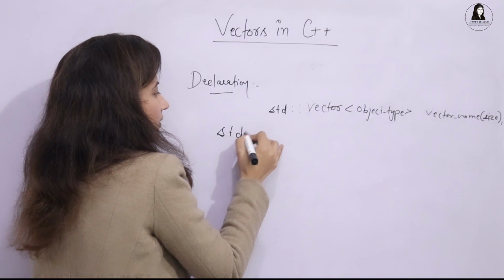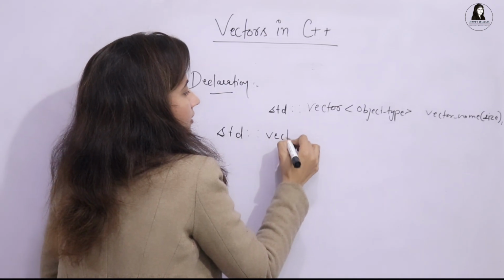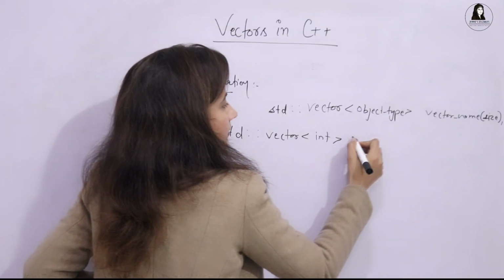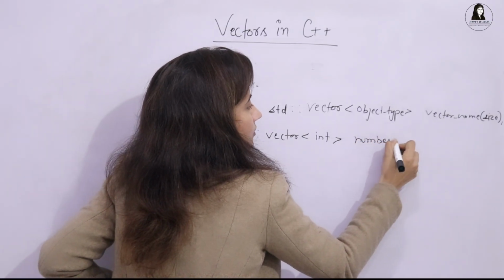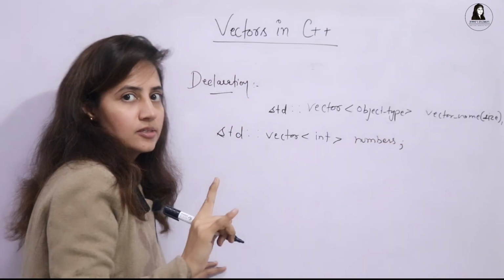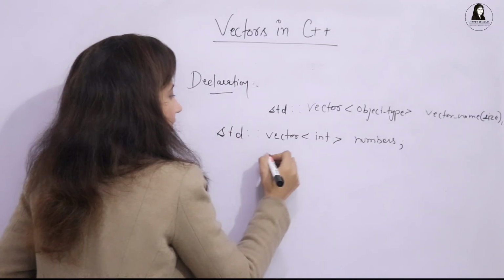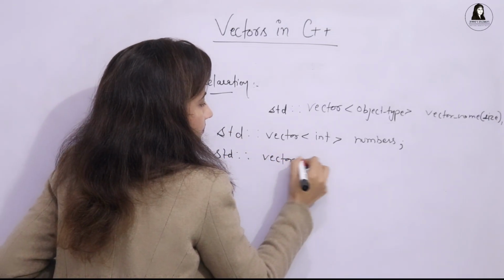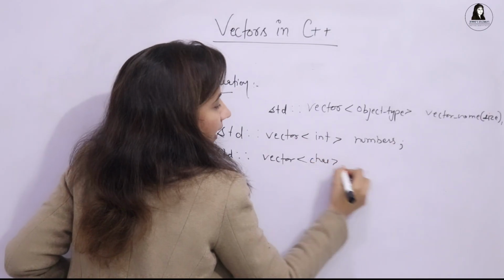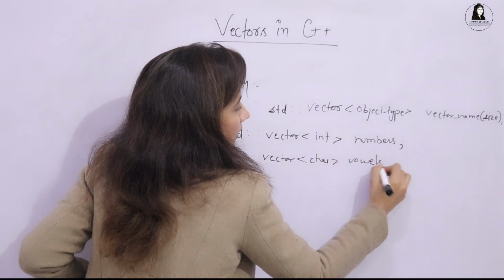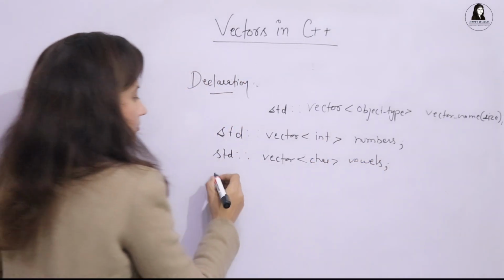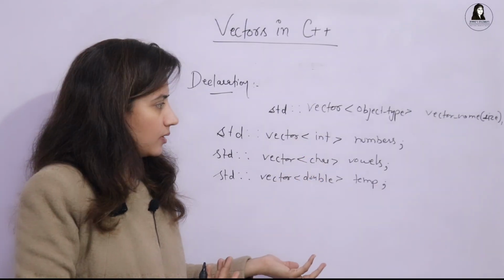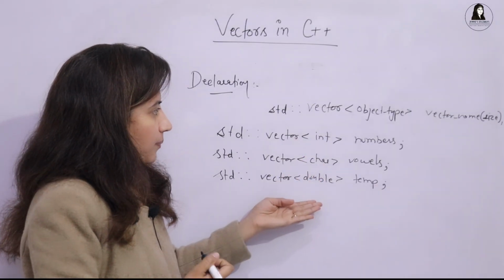For example, std::vector, and I am taking a vector of type int and name numbers. That's it. I am not giving any size. Take another example also, std::vector of char and vowels. Any data type you can take here, it's fine. So these are some examples of vectors.